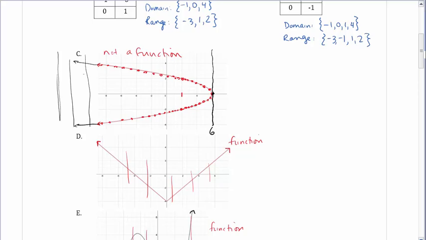So there's no wall that I can put on the left, but there is a wall that I can put on the right. So the x values that occur on this graph are all x values that are less than or equal to 6. So this is the domain.